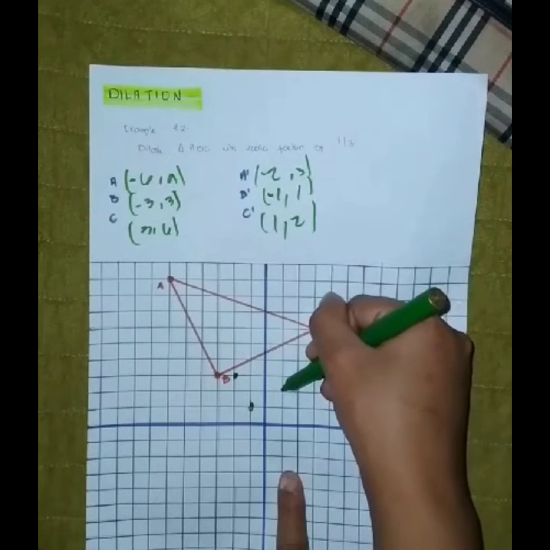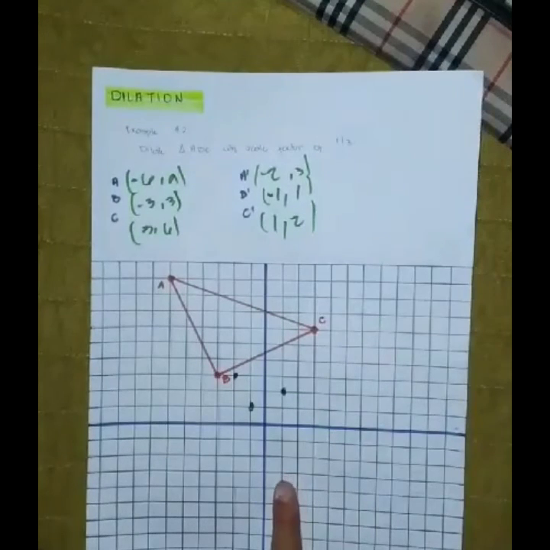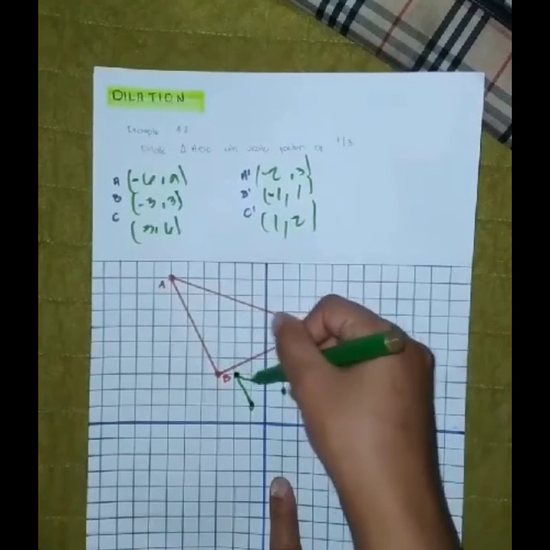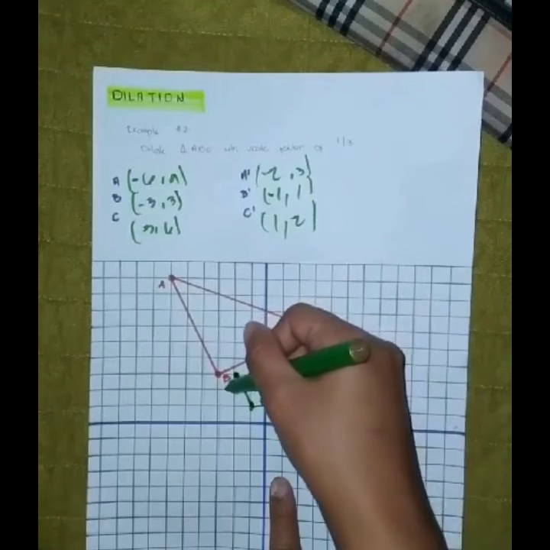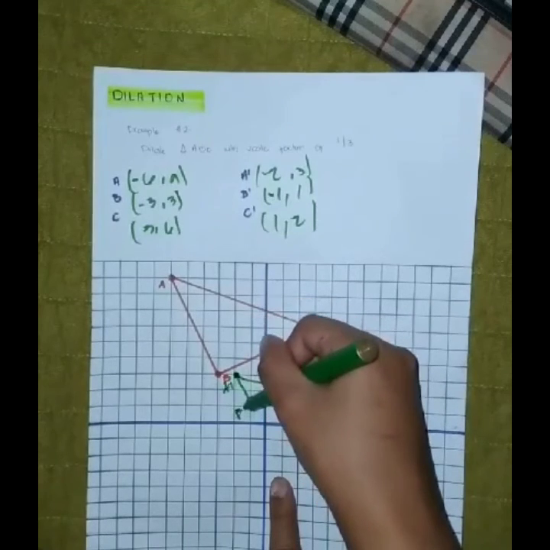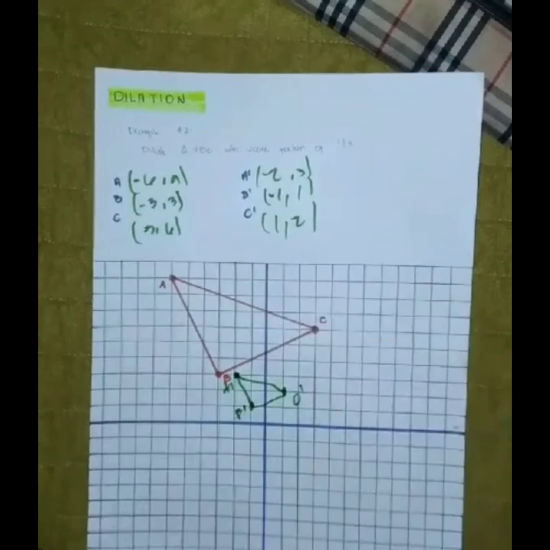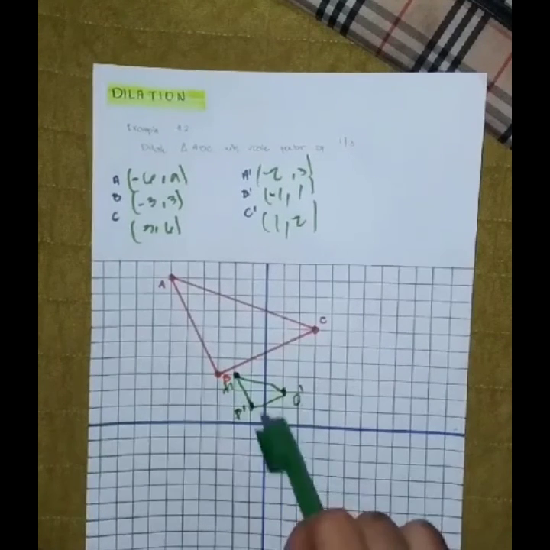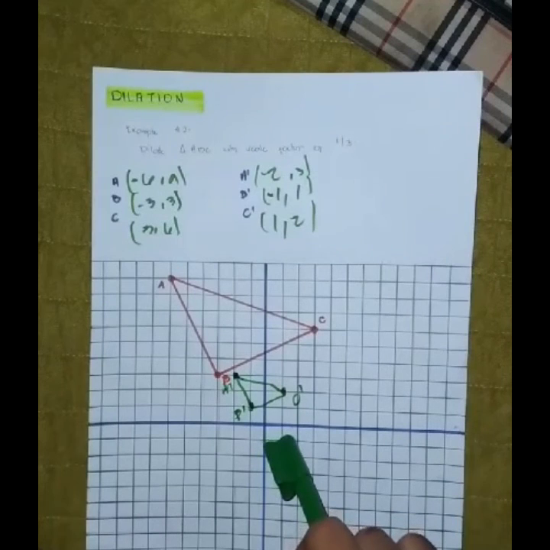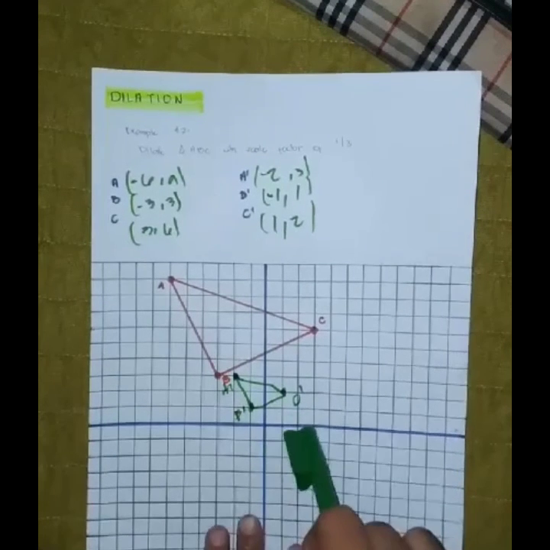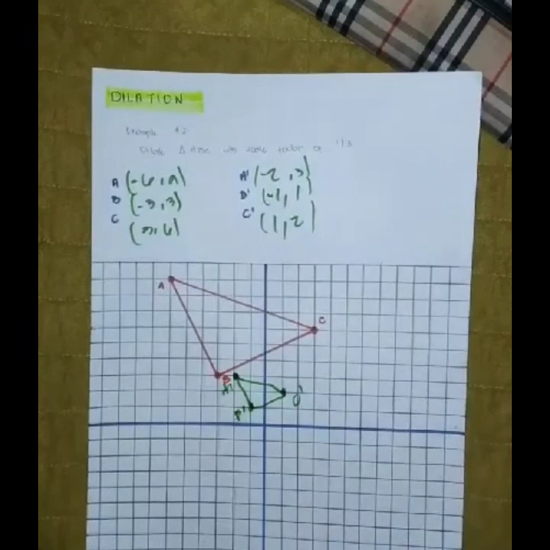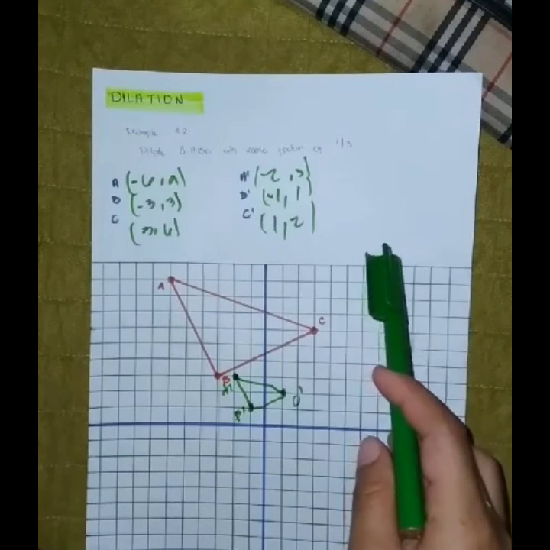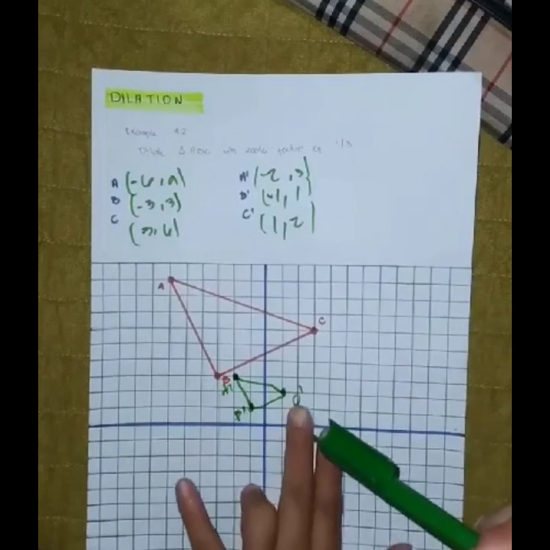We make another triangle, our A prime, B prime, and C prime. As you can observe, the figure is going smaller. This shows that our figure gets smaller because our scale factor is less than 1.